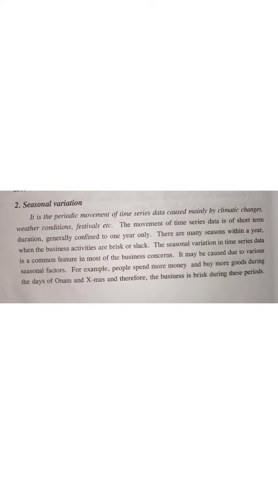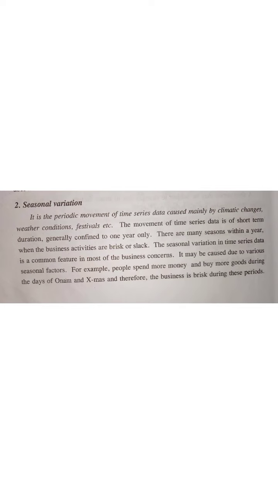The third component we are going to see is cyclic variation. Cyclic variation is commonly called C. As the name says, there is a kind of cyclic movement going on, a life cycle for this variation. Periodically some kind of oscillation is taking place.